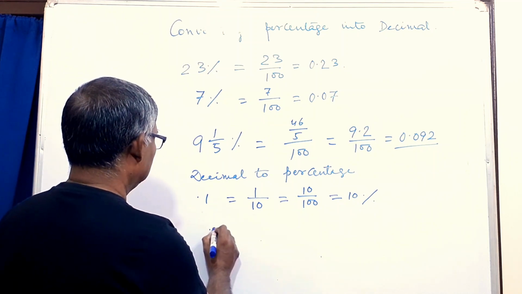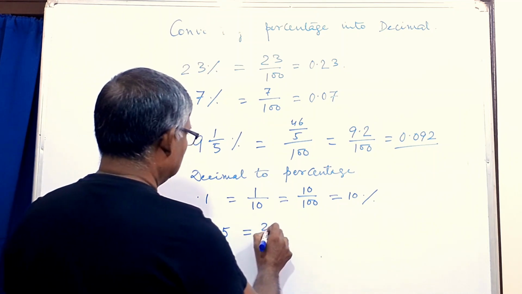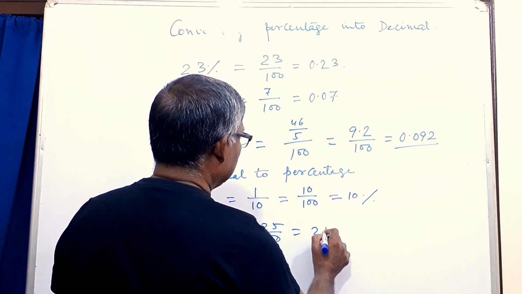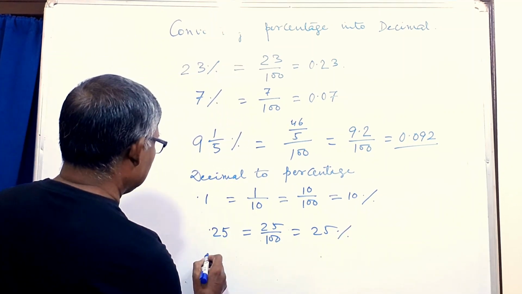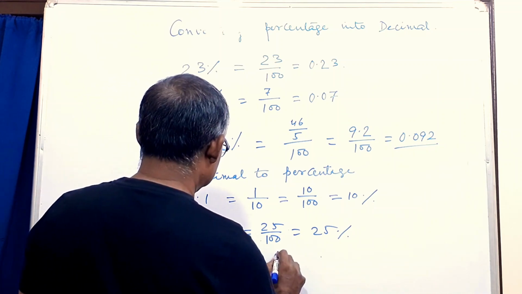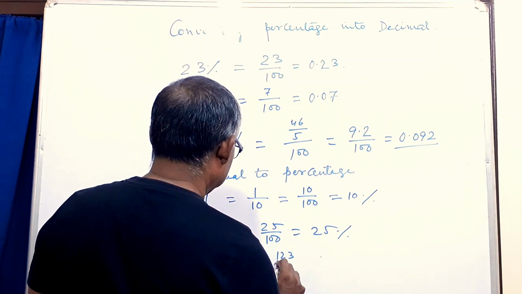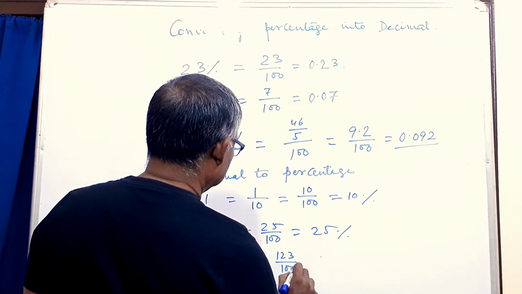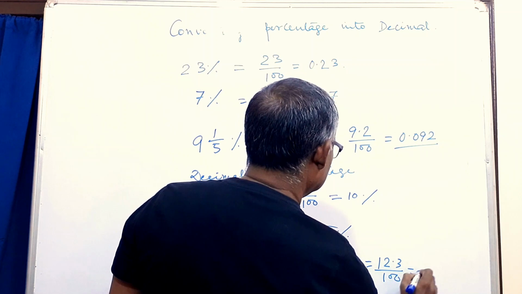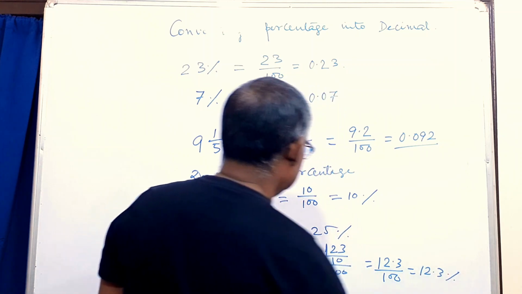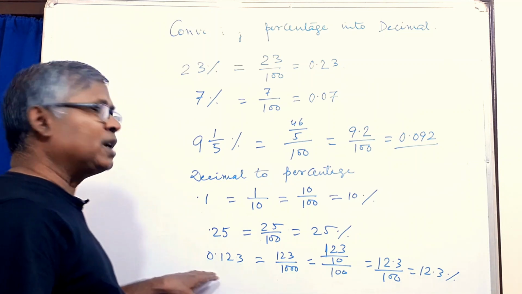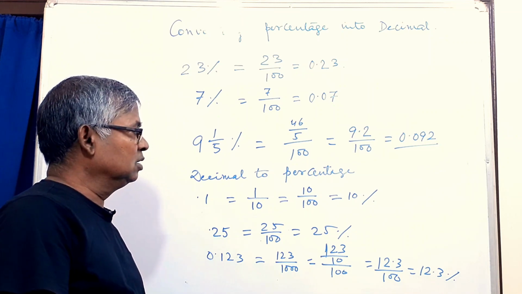Suppose 0.25, this equals 25 by 100, this equals 25%. Let us consider the number 0.123. This can be written as 123 by 1000, 12.3 by 100 equal to 12.3%. So students, such type of conversion is very much required in this chapter.